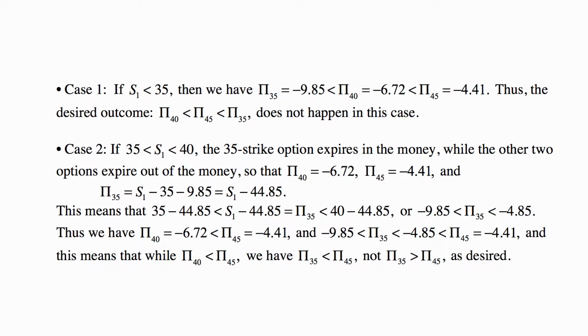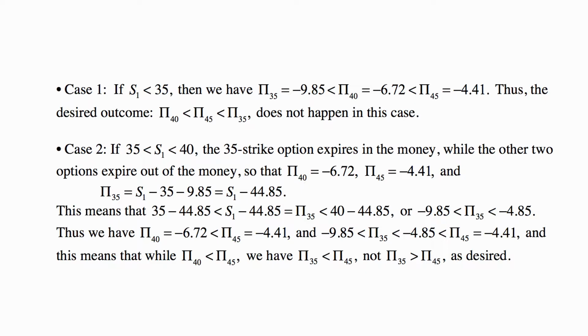This means that 35 minus 44.85 is less than S1 minus 44.85, which is pi 35, and less than 40 minus 44.85, because S1 is in this range between 35 and 40, or pi 35 is between negative 9.85 and negative 4.85.